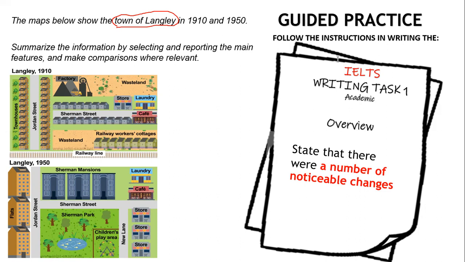You can see here the maps illustrate the transformation of Langley after 4 decades. So you can add here from 1910 to 1950. Fong, I have sent the corrected introduction, okay?